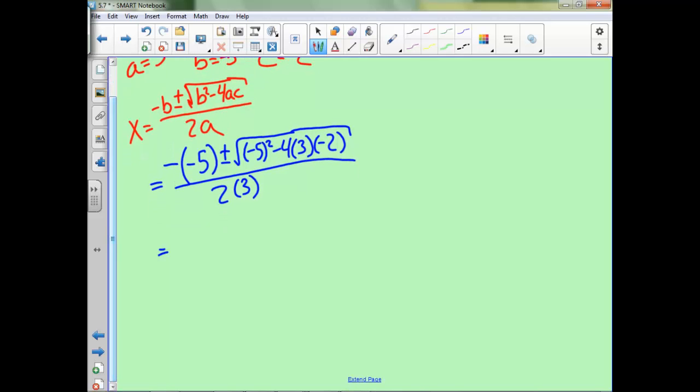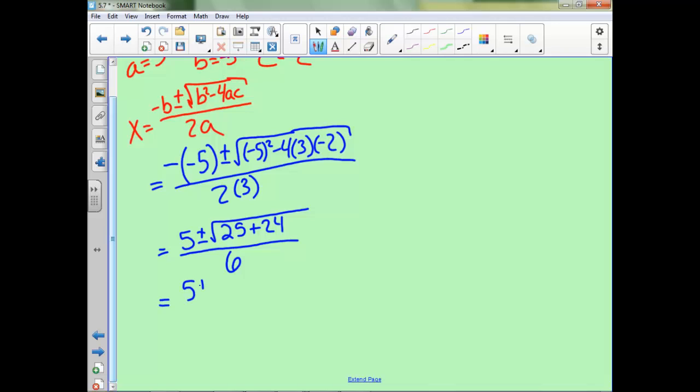A negative 5 is a positive 5, plus or minus negative 5 squared is 25, and negative 4 times 3 is negative 12 times negative 2 is a positive 24, all over 6.